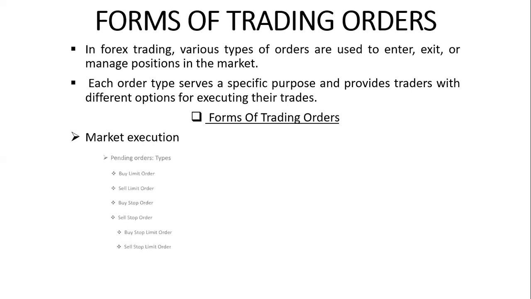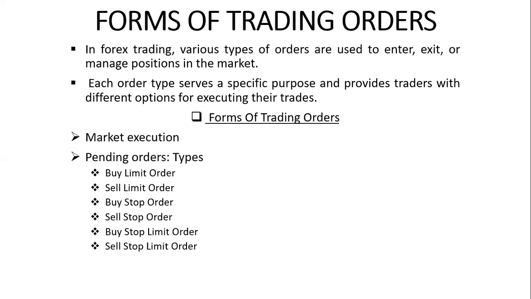The second form of trading order is pending orders. And with pending orders, we have various types: the buy limit order, sell limit order, buy stop order, sell stop order, buy stop limit order, and sell stop limit order. As a trader, you may not be using all of them.